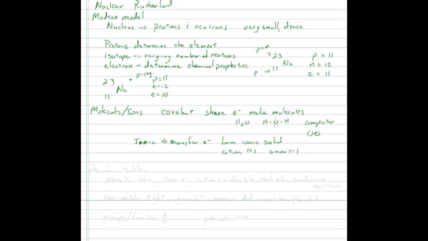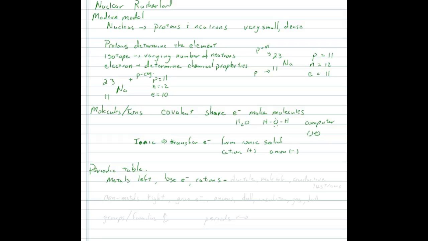Periodic table, really quickly. Metals are on the left two-thirds of the periodic table. They lose electrons, they form cations.